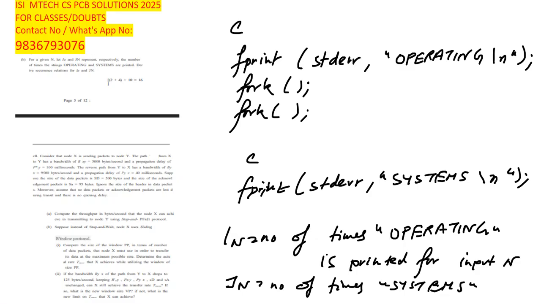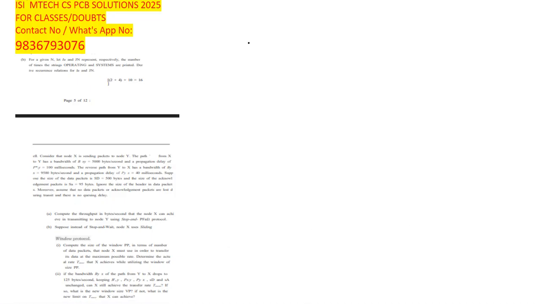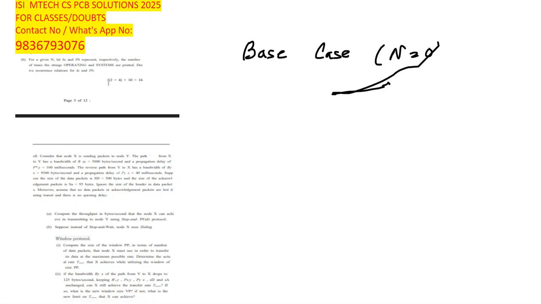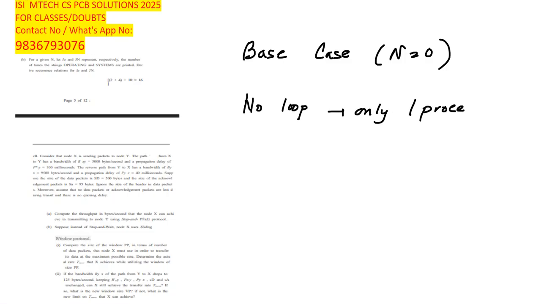Okay, so here if I write the base case and recursive step, then base case n is 0. Okay, so here there will be no loop, and only one process, the original one.